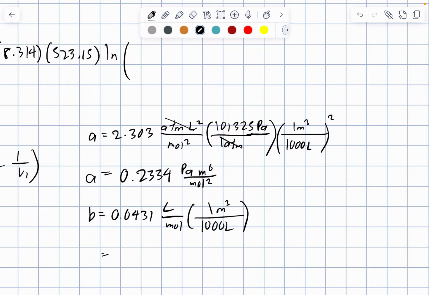Basically cancel atmosphere as well as the liter squared. Okay. Letter b. Oh wait, by the way, we can store this as the a in your scientific calculator for later. For letter b, 0.0431, no? Times 1 over 1,000. Okay. We'll store this as b.